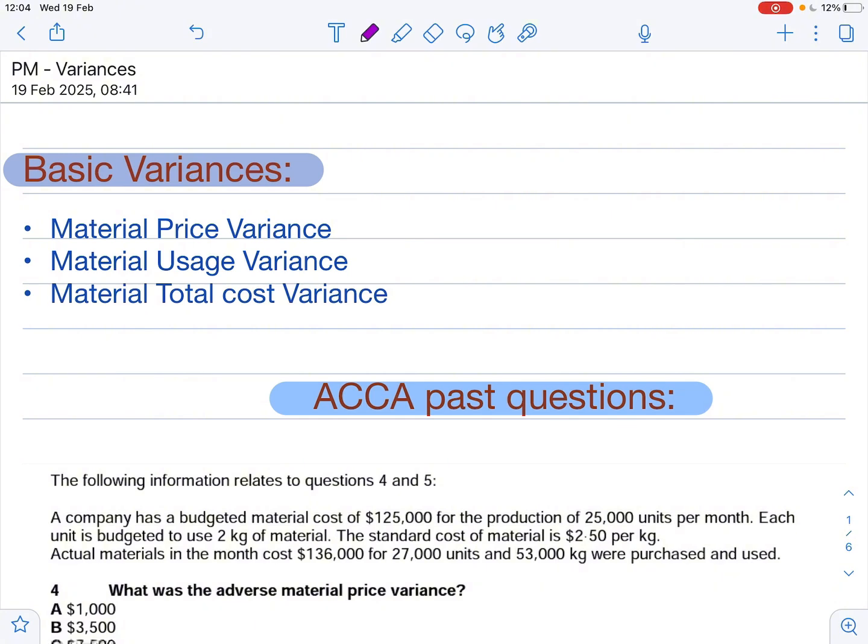Okay, so depending on your responses, depending on the comments, I might decide to have more videos on variances, because this is just material. You have labor variances, you have sales variances, you have advanced variances, material mix and yield, planning and operational, sales mix and yield. And these are quite easy to understand if you follow my principles.